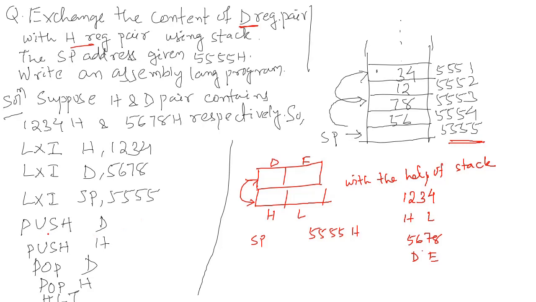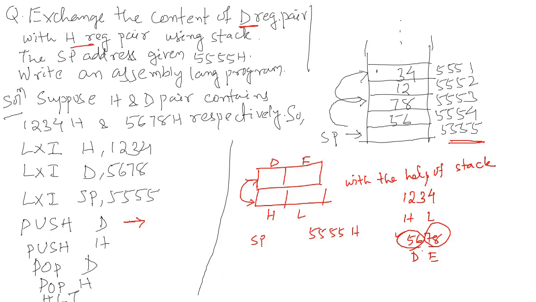So first we have to write push D. When we execute this line, push D, what will happen? DE has 56 and 78, so at the first position, the higher memory location, it will contain 56, and the lower memory location will contain 78.